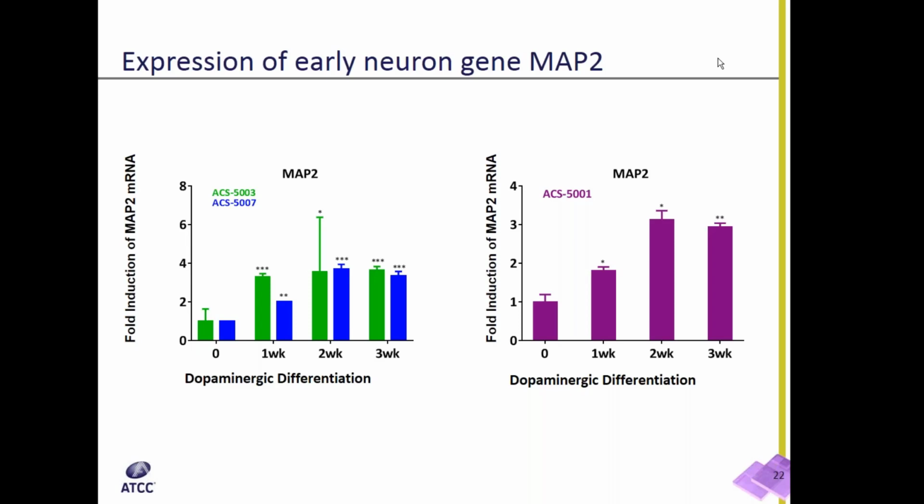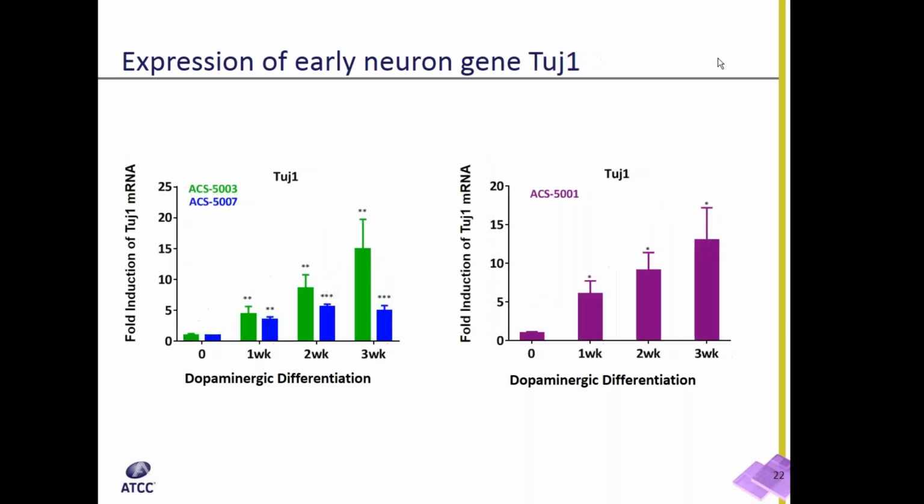We also saw this in the ACS 5001 Parkinson's disease neuroprogenitor cells. This confirmed our immunocytochemistry and reporter activity evidence that I showed you previously. Similarly, TUJ1, or here TUBB3, messenger RNA increased significantly during 3 weeks of neuronal differentiation in all 3 cell lines.